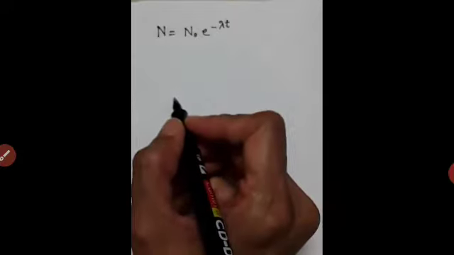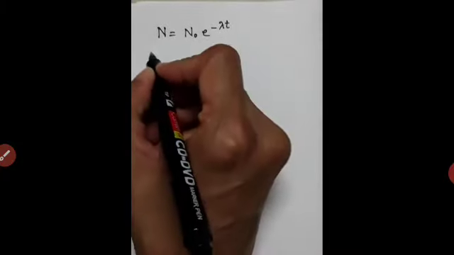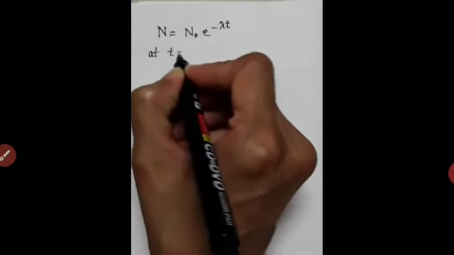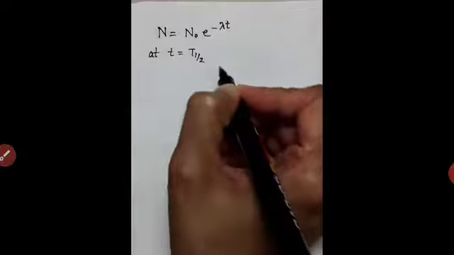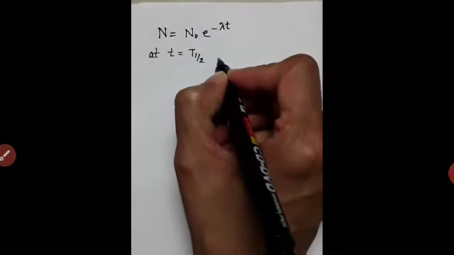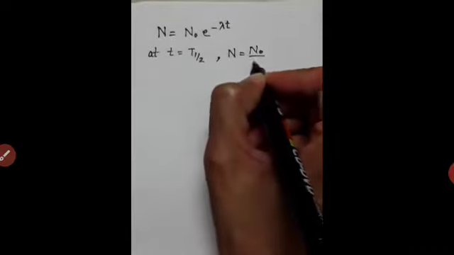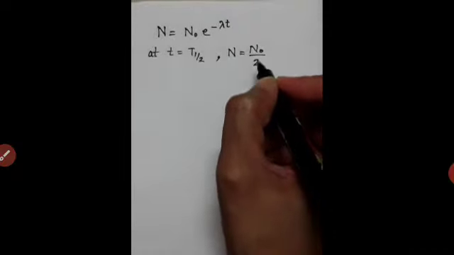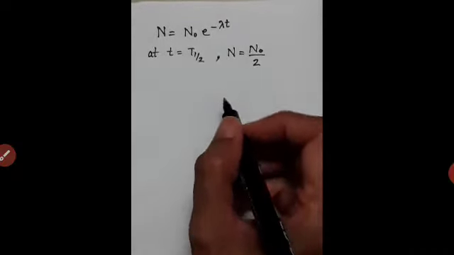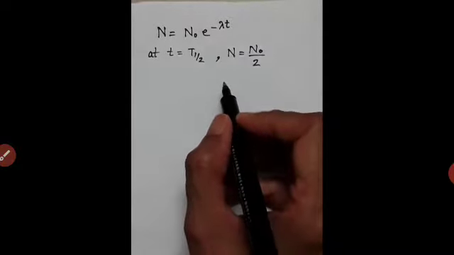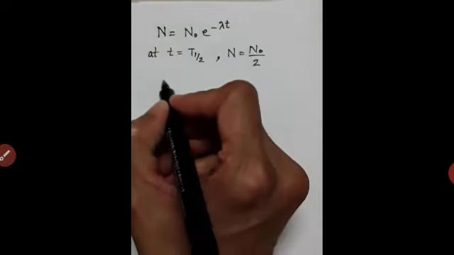Now we are talking about half-life. So at t equals T half, that is when one half-life happens, N becomes N naught by 2. The number of nuclei becomes half of the original number present. Let us substitute this in the formula.